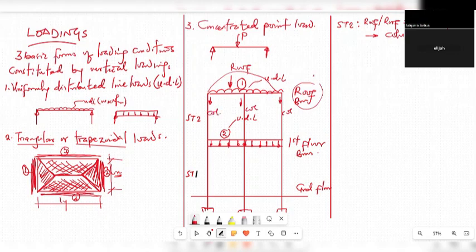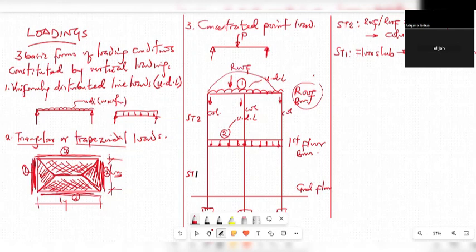On story one, which is the one below, the same arrangement happens, except that in this case it is the floor slab that transmits the load to the first floor beam, and the beam does the same by sending it to the column.